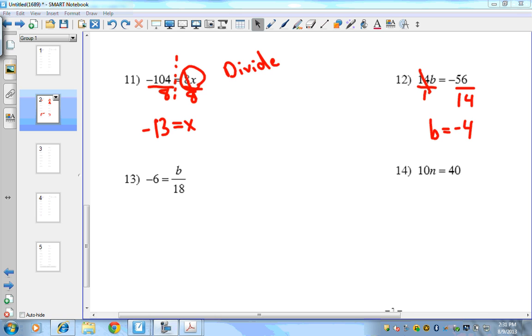All right, let's look at problem number 13 for a second. What you have is negative 6 is equal to B over 18. Well, if something is ever a fraction, a fraction is another way of saying divide. So if I was going to take this 18 and get it away from the B, I would have to do the exact opposite, which is multiply.